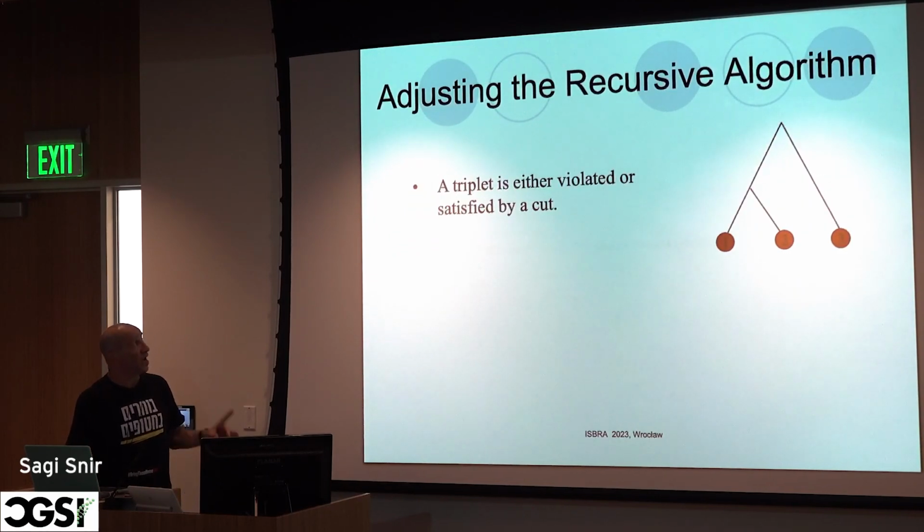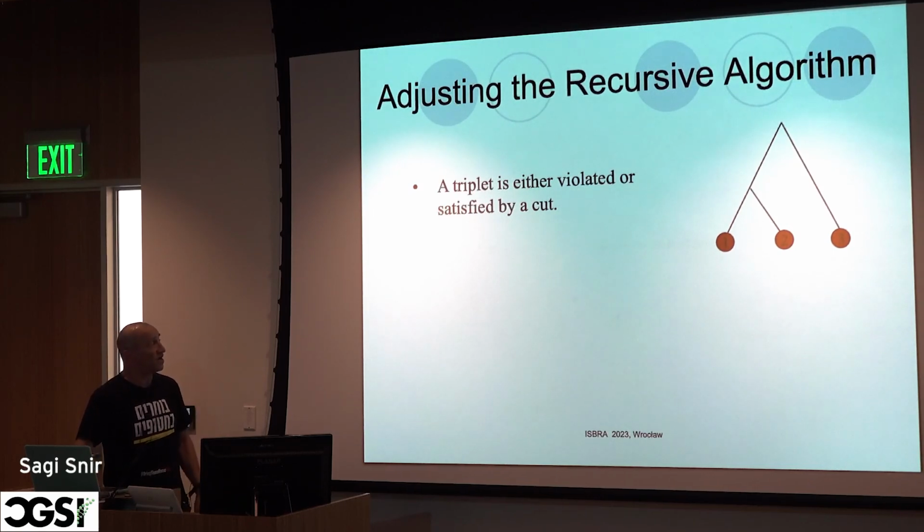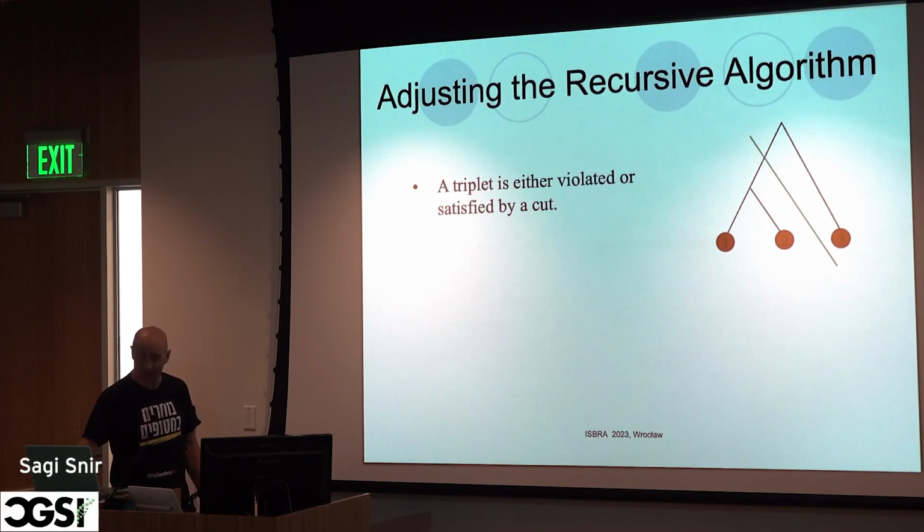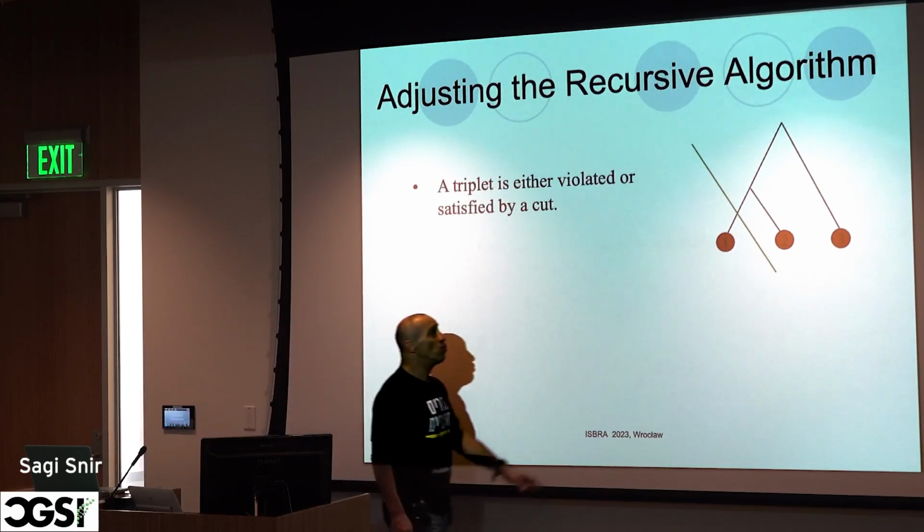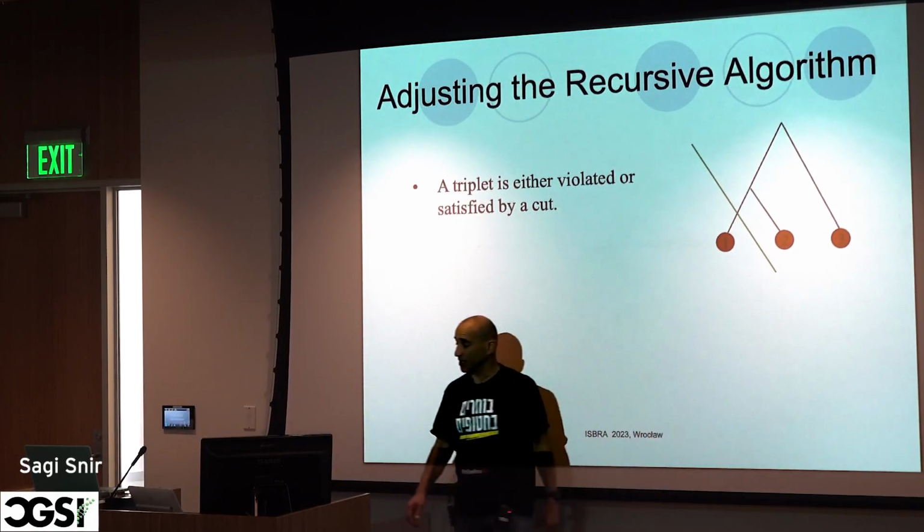Okay. Now, how do we actually adjust the algorithm? Some technicality, and I want to move forward from here. So when we deal with triplets, we have only two possibilities. One, that the triplet is violated, like here. We separate 1 from 2, that's it.